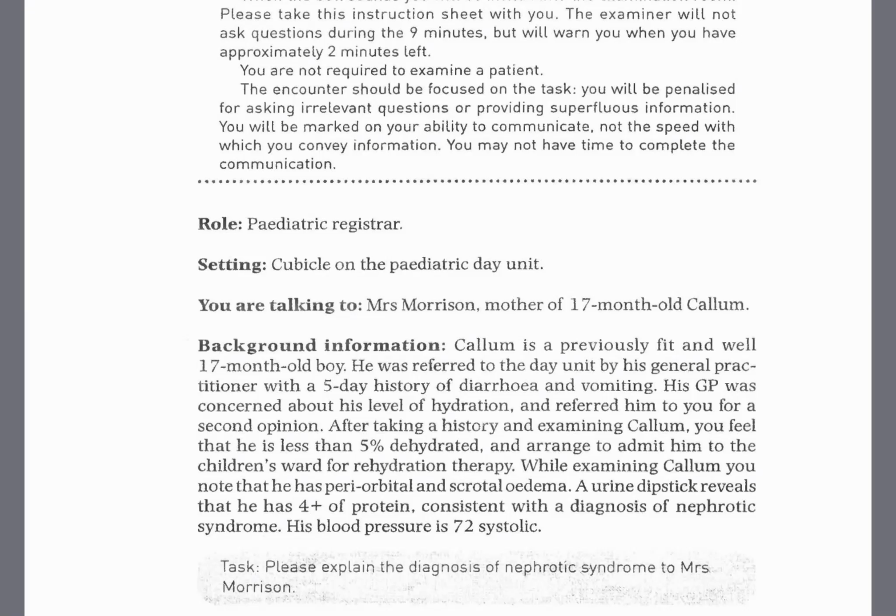A urine dipstick reveals that he has 4 pluses of protein, consistent with a diagnosis of nephrotic syndrome. His blood pressure is 72 systolic. So the task is please explain the diagnosis of nephrotic syndrome to Mrs. Morrison.